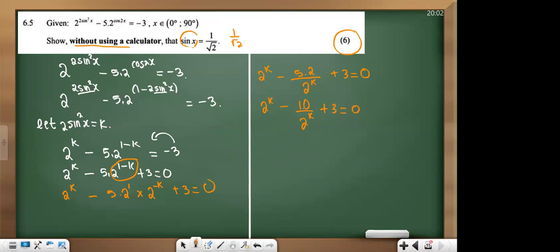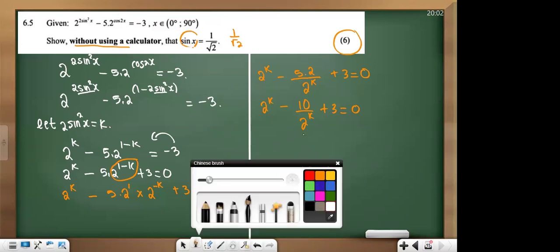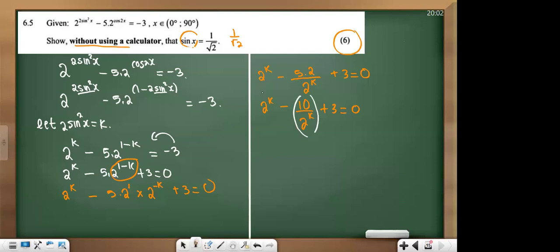What do we do? I need to get rid of my denominator. I'm just going to multiply through by 2 to the power k, everything.